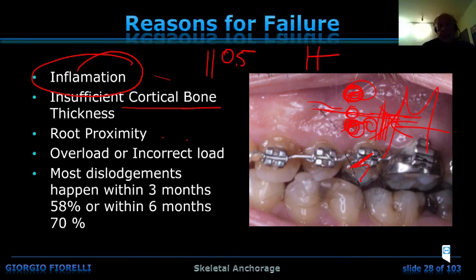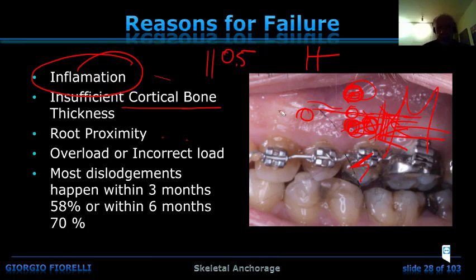Sometimes it happens, but you can predict it. This is not a failure, it's a passage of your treatment. Maybe you had used the TAD for some other reason, it was here because you needed it for some other reason. I have no idea, but I'm just saying. Then you use it to move this molar forward. At a certain point, you have to take it away and maybe place it here. This is not a failure for me, it's just a step in your treatment.